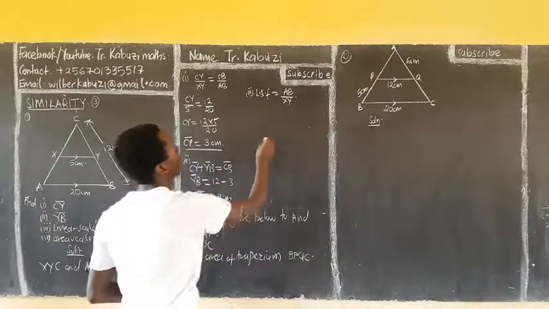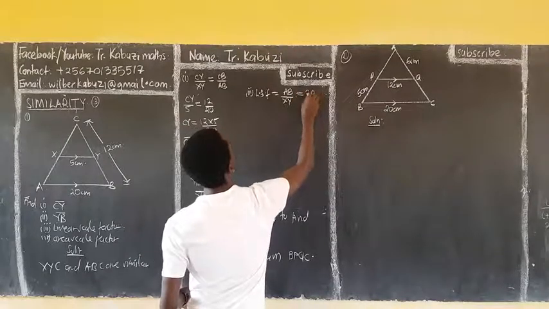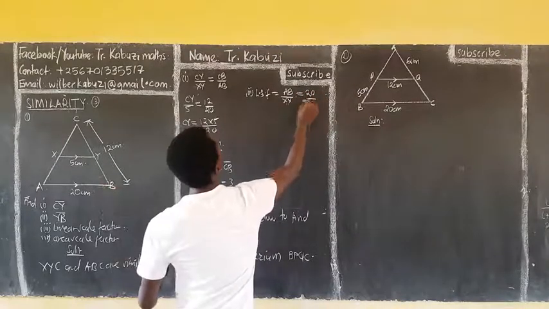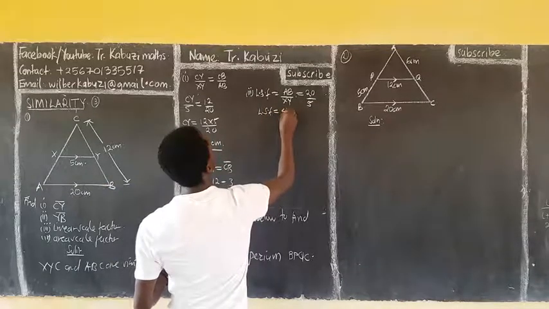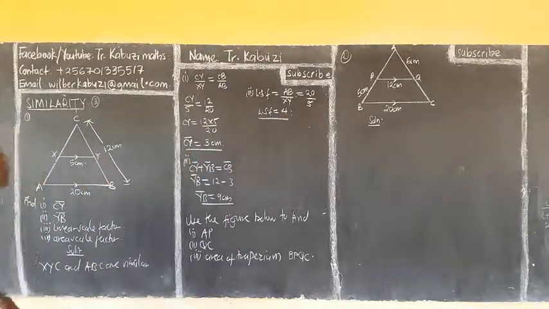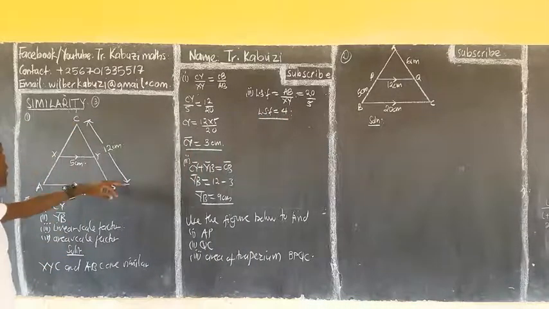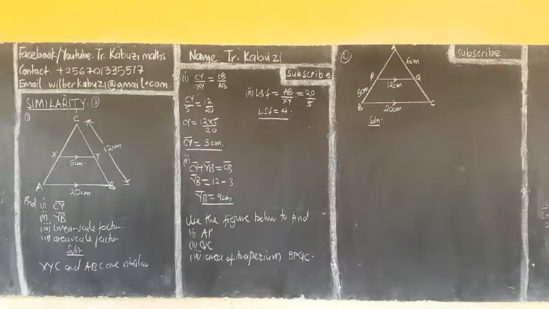My AB is 20 over 5. So my linear scale factor is going to be 4. Linear scale factor has no units. Or you could use CB over CY. It will be the same.